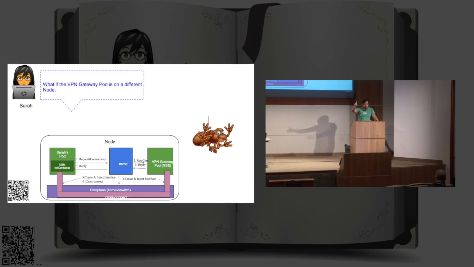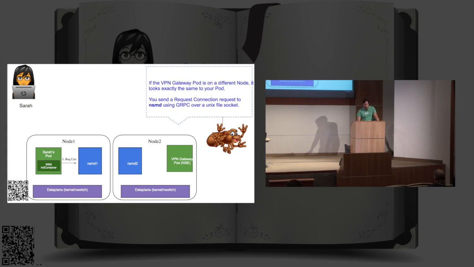What happens if the VPN gateway pod is on a different node? It looks very similar to what we had before. In this scenario, though, we have a network service manager on each node, one on node 1 and one on node 2, and we also have multiple data planes.